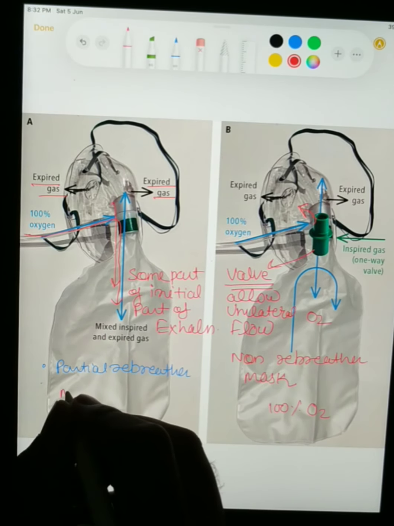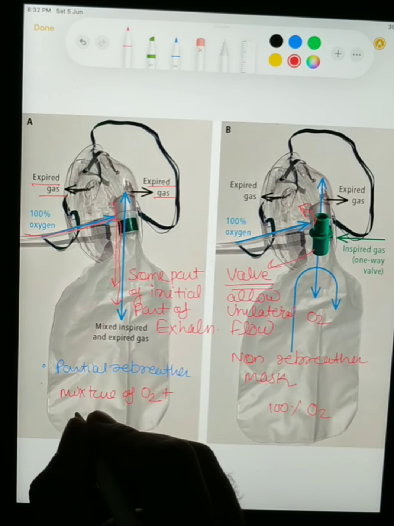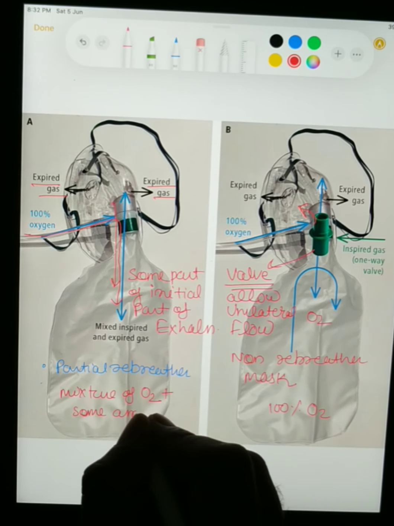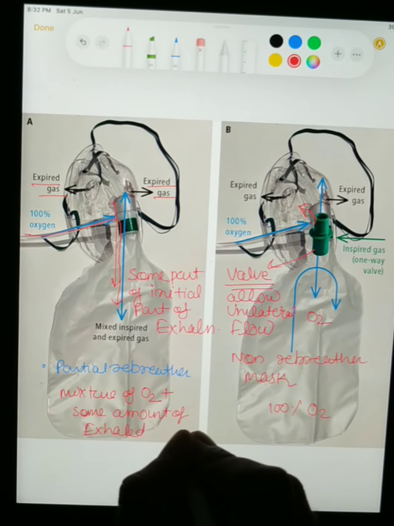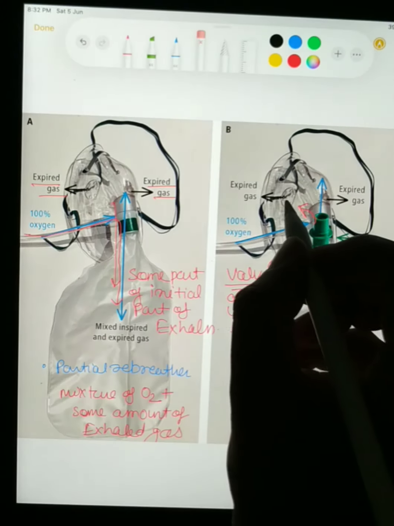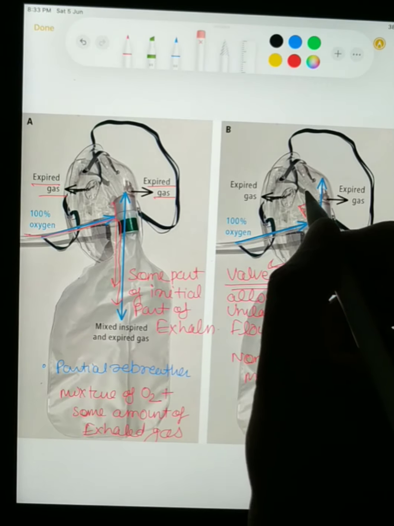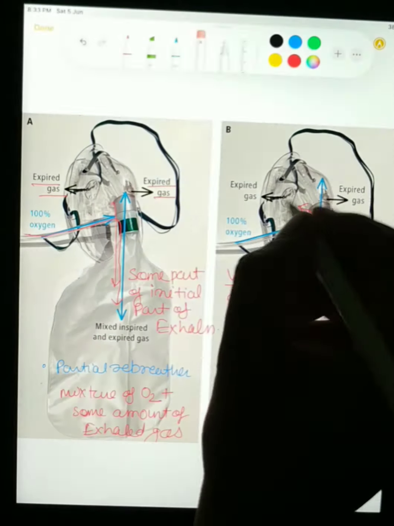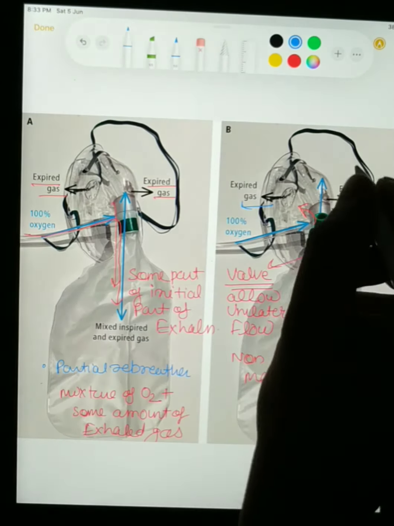In the partial rebreathing mask there is a mixture, oxygen plus some amount of exhaled gas. Here also the exhalation ports allow only unilateral flow, so air can go outside only. They cannot breathe through these ports.